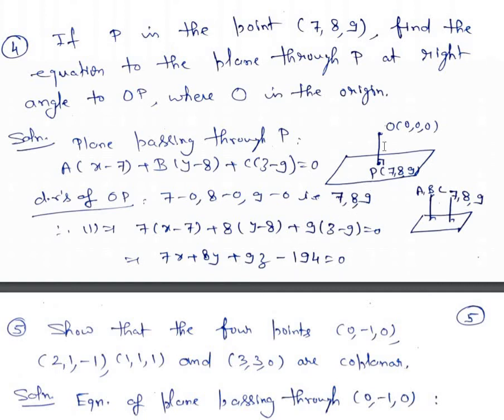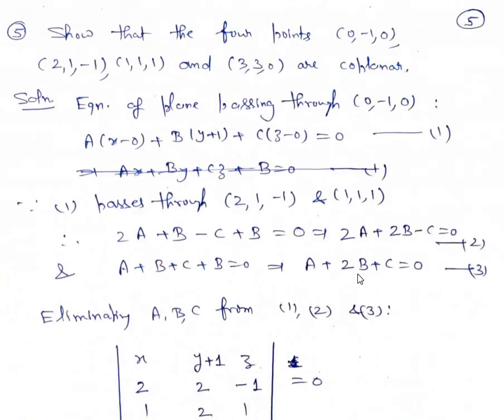And a, b, c also represent the direction ratios of the normal, so these two are proportional. So you can put here 7 into x minus 7 plus 8 into y minus 8 plus 9 into z minus 9 is equal to 0. That means 7x plus 8y plus 9z minus 194 is equal to 0.